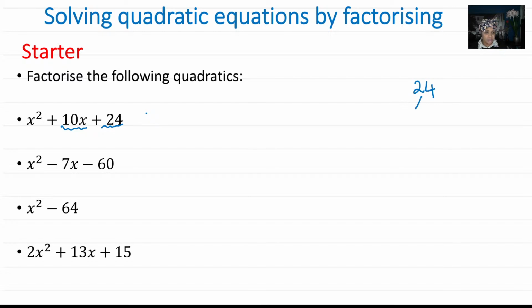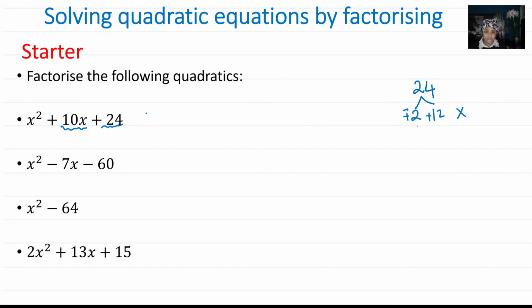So let's have a look. If I do 2 and 12, yes, I can get a 10, but everything is plus here. So if I put plus and plus, if I add them, I get 14. But if I put a minus, I don't have a minus here, so that's not going to work. So this pair will not work. What is the other way of making 24?